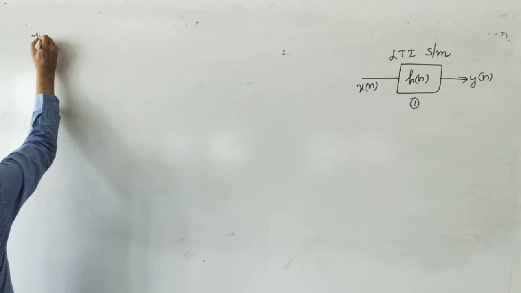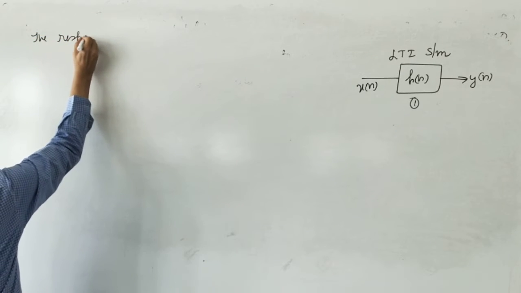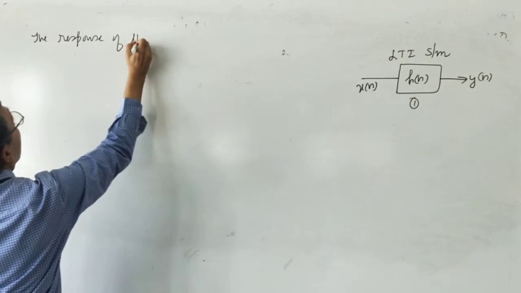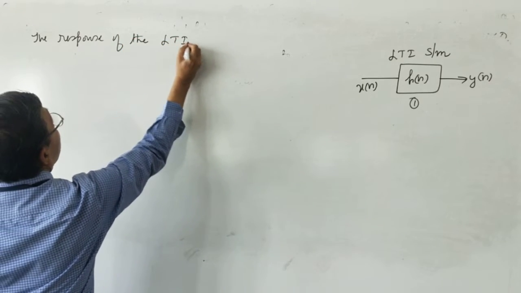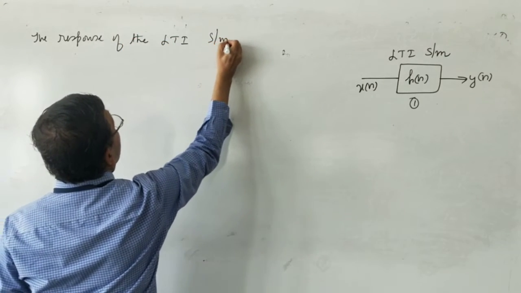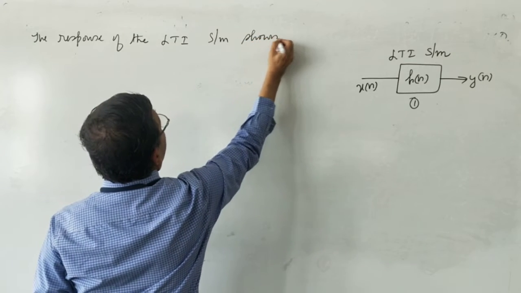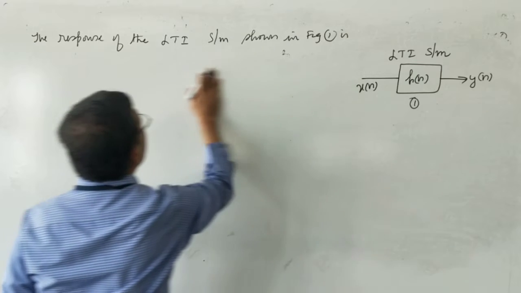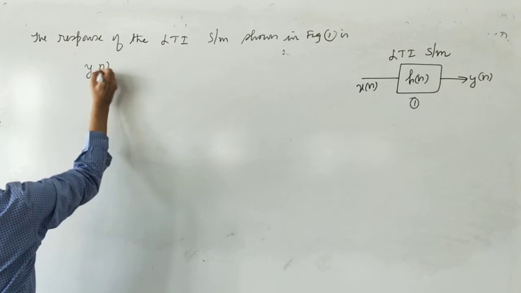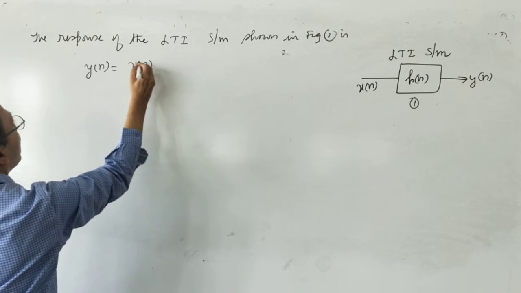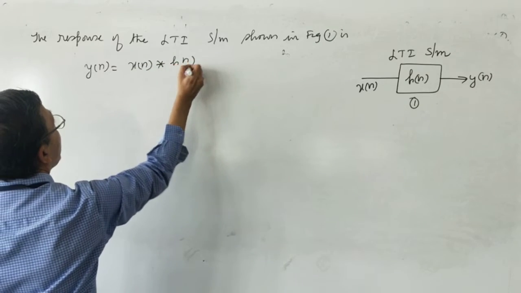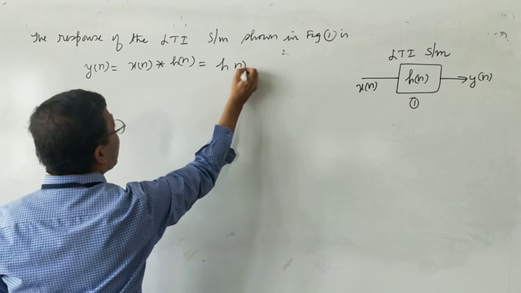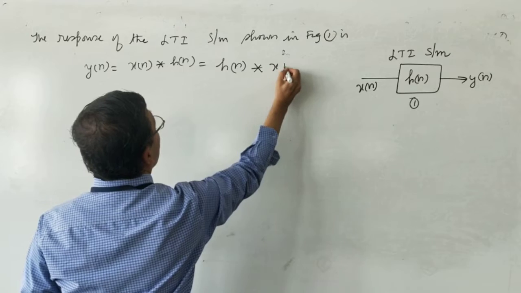The response of the LTI system shown in figure 1 is y of n equals x of n convoluted with h of n, which is same as h of n convoluted with x of n.